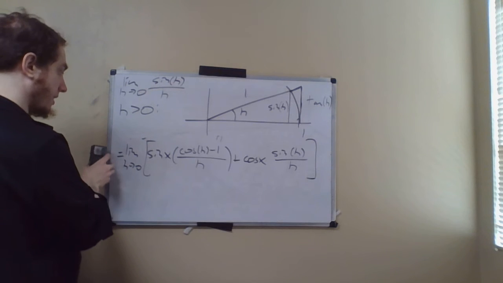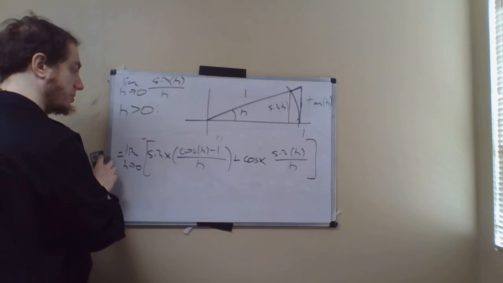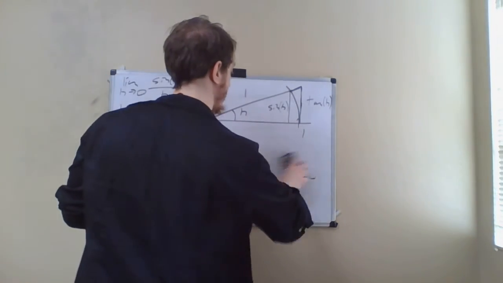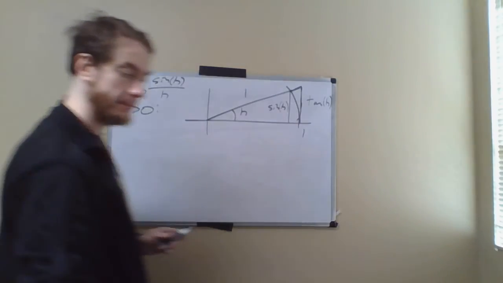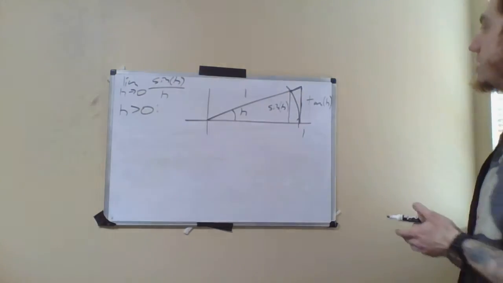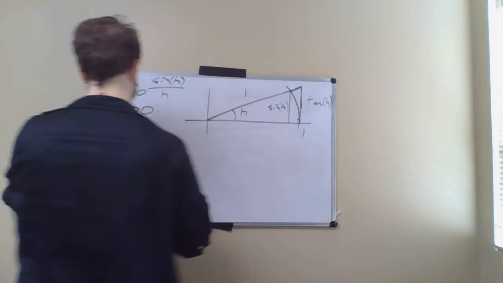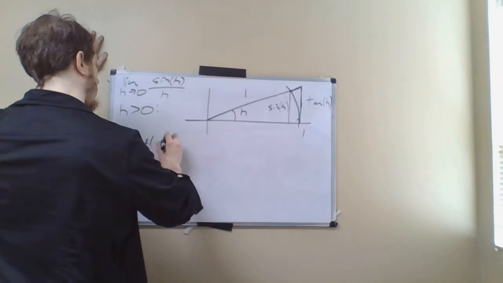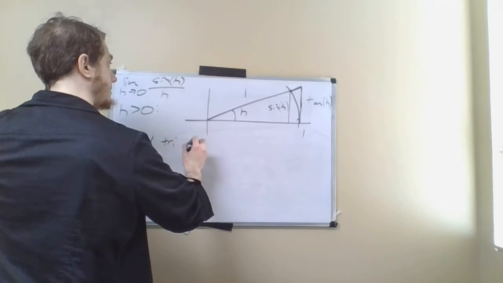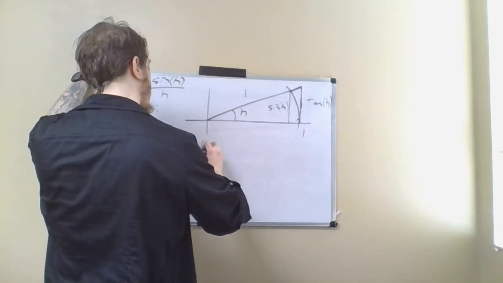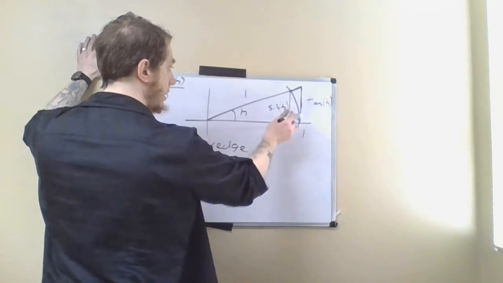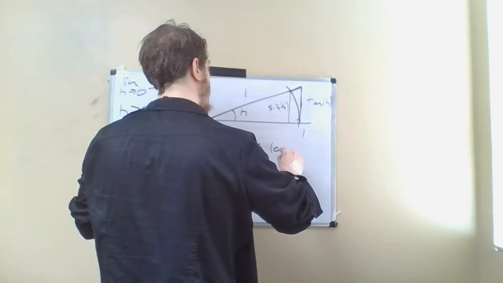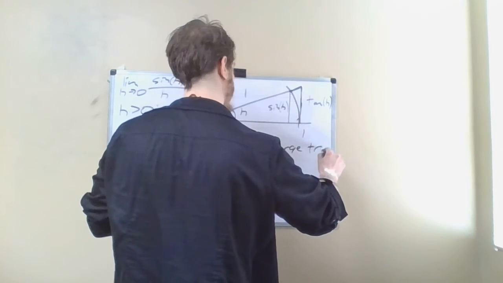Now, I'm going to erase this for the moment. I don't really want to, because we do need to come back to this in a bit, but make sure you have this written down, because we are going to need to come back to it momentarily. So at this point, what we could say is the area of the small triangle is less than or equal to the area of the wedge, the pie-shaped wedge here, which is less than or equal to the large triangle.